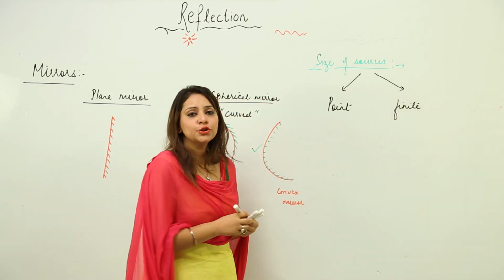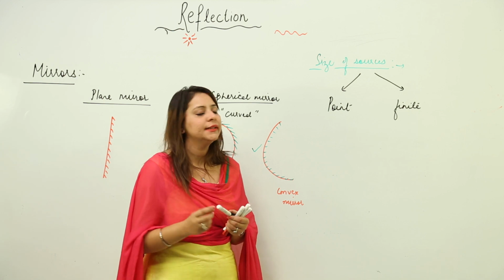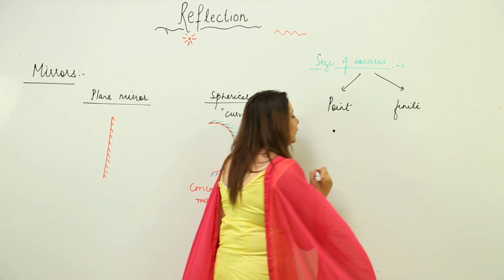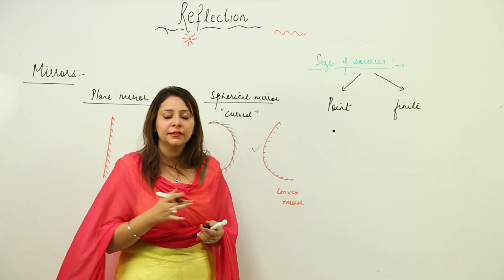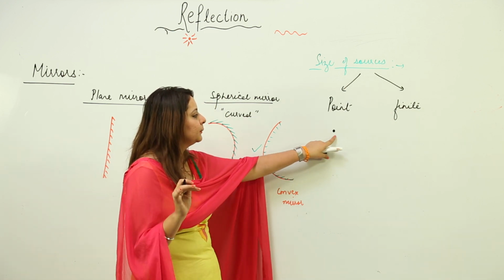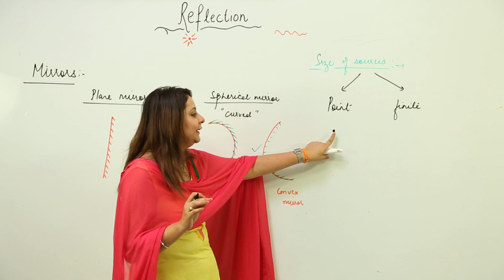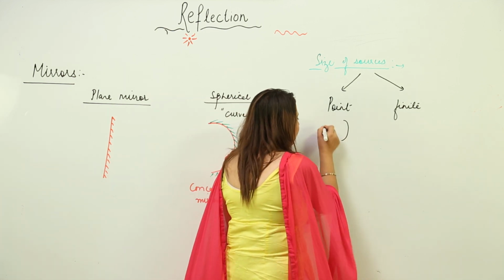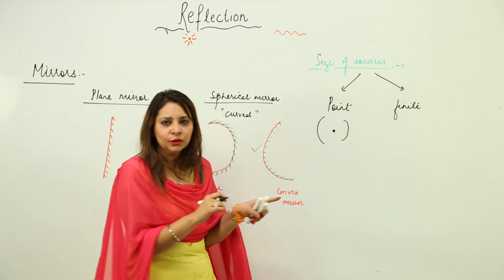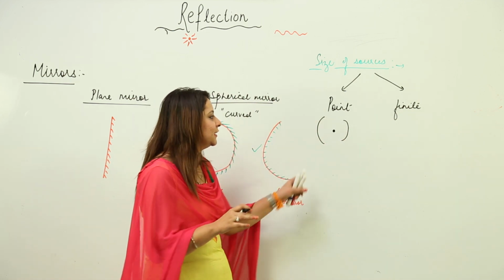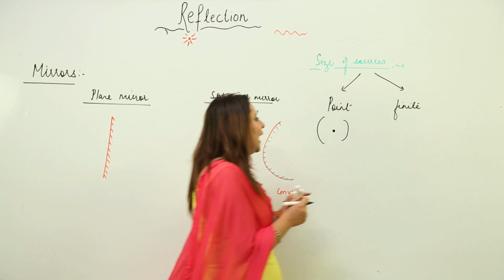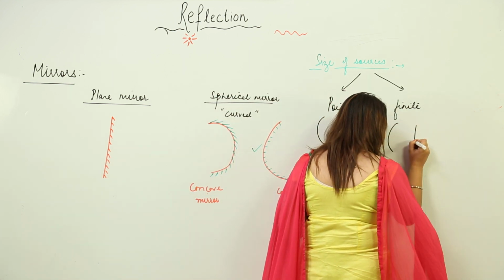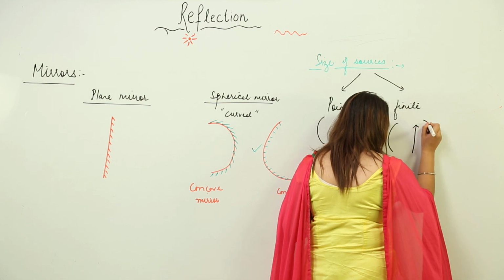So how are you going to signify a point source in the ray diagram? We will just put a dot. So whenever you have a dot and rays of light are coming from it, it should click in your mind that it is a point source. I am just putting the brackets here, not to use in the ray diagram, just to enclose this dot. And whenever you are talking of a finite object, it is denoted by this sign, the arrow.